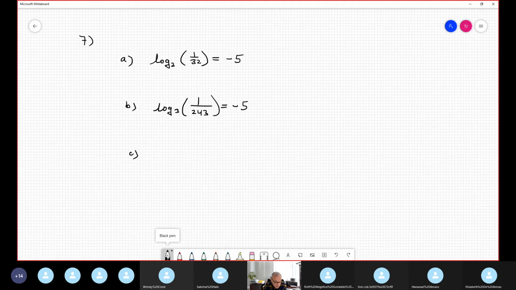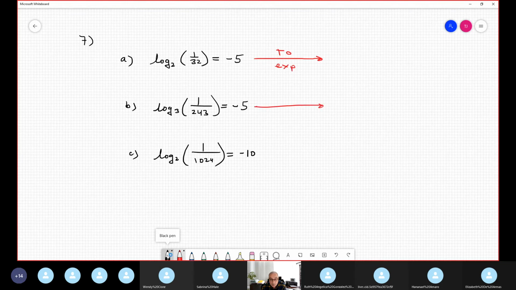This is a logarithmic statement, and you change it to exponential.